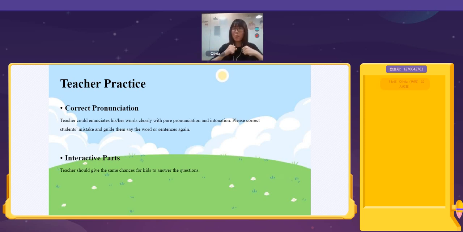You could make a posture like this. Yeah, it gives them a sense that they need to repeat after you together. And you can also call their names to make them repeat after you one by one. This one could help you correct their pronunciation, and make sure they won't make mistakes of the pronunciation.